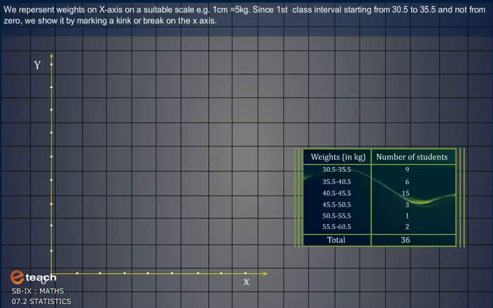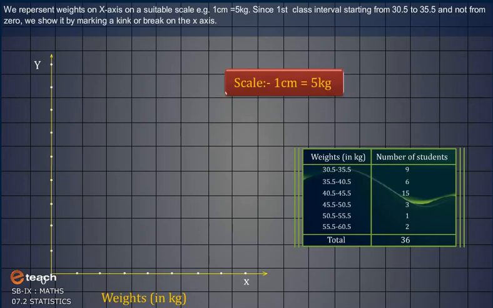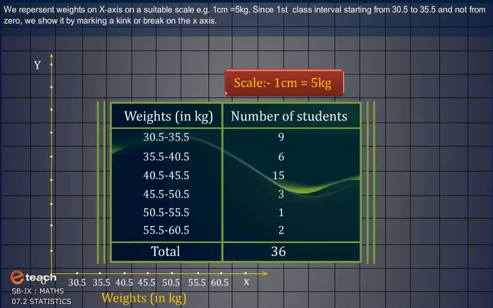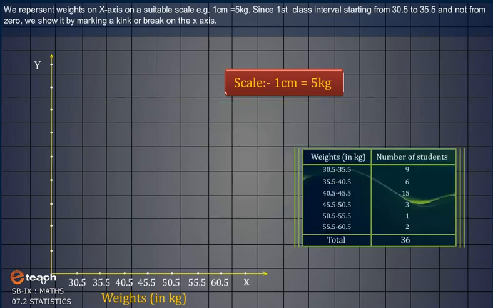We represent weights on the x-axis on a suitable scale, that is 1 centimeter is equal to 5 kg. Since the first class interval starts from 30.5 to 35.5 and not from 0, we show it by marking a kink or a break on the x-axis.